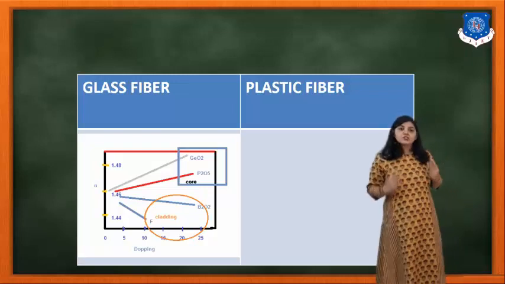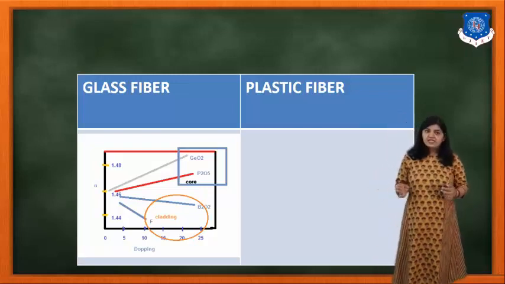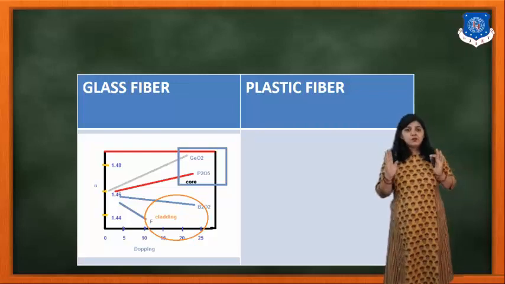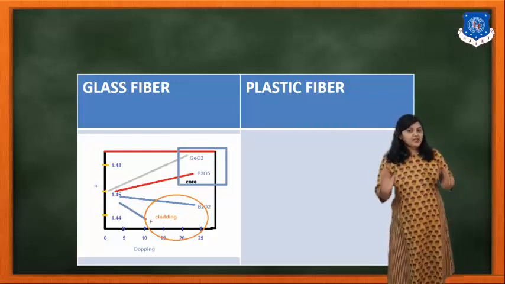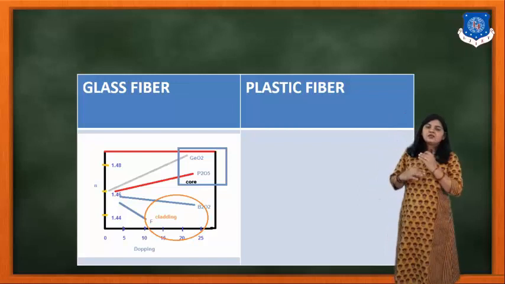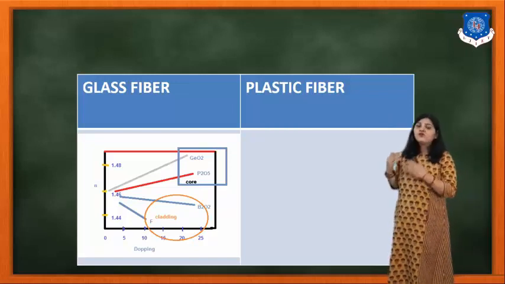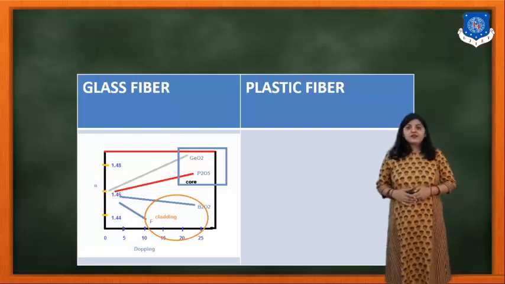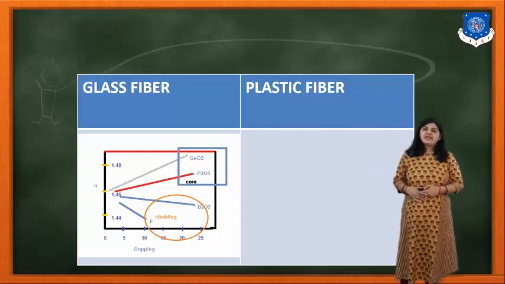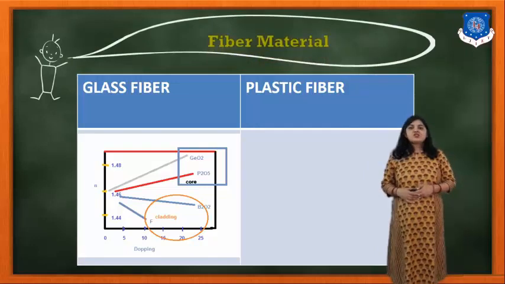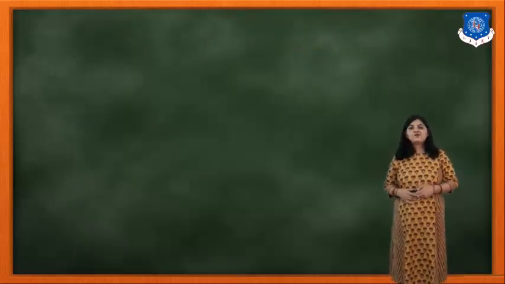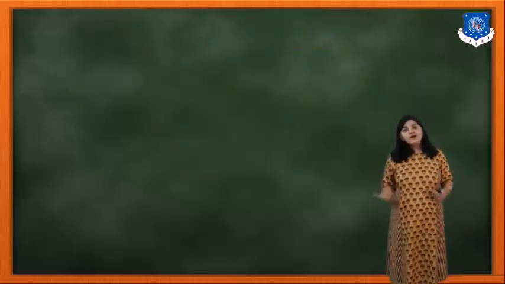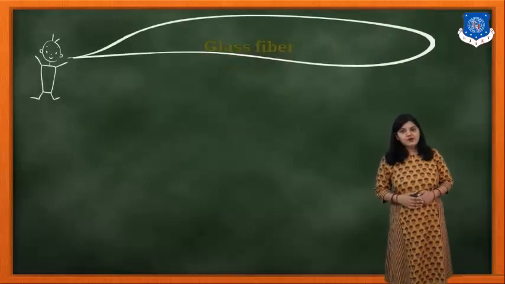So according to the refractive index of the particular material that is taken, the dopant material would be added with the SiO2 and the glass fiber can be fabricated. So this is regarding the difference between the plastic fiber and the glass fiber.